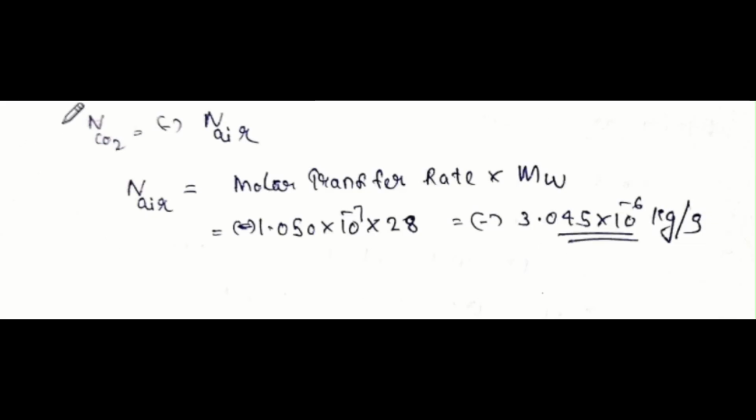So this is one important point you have to remember: for equimolar counter diffusion, we will be having two compounds. Here we have carbon dioxide and air. The molar flow rate will be the same for both constituents, the same in magnitude but in opposite sign. So I can write NCO2 equals minus N of air.